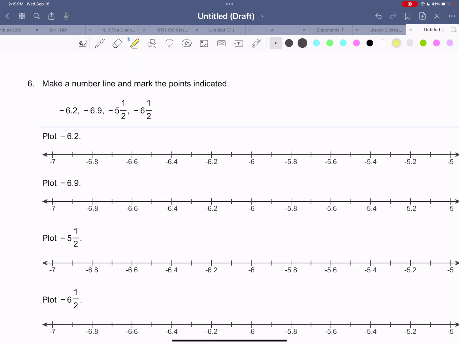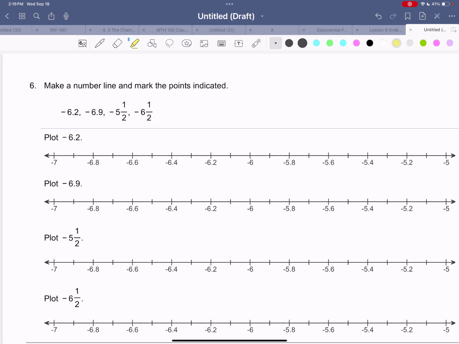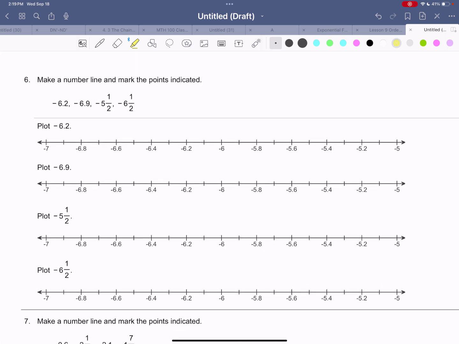Now we're going to plot on the number line, and in my math lab, all you're going to do is drag the point and see -6.2 is a -6.2, and you'll just drag the point to that spot. -6.9, well, it's not showing, but it's got to be right here because this would be -6.7.